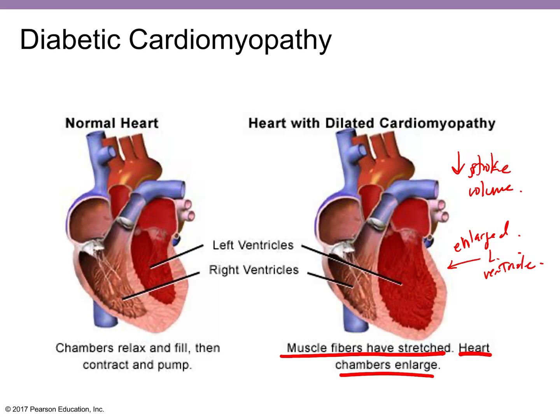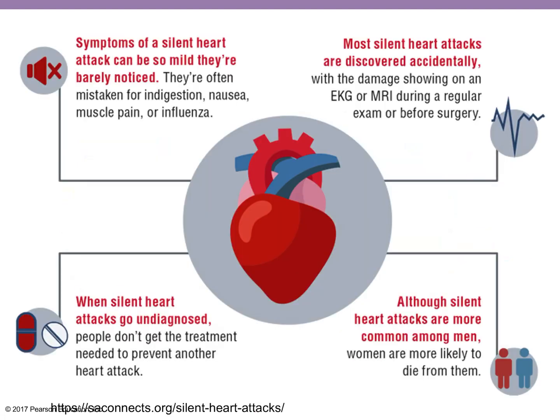Compounding the dilated heart and the decreased stroke volume is the fact that the autonomic nervous system that goes to the heart may be affected with that neuropathy, and people can suffer heart attacks but not have the pain involved in the heart attack because the nervous system is compromised. So what they end up having is something called a silent heart attack.